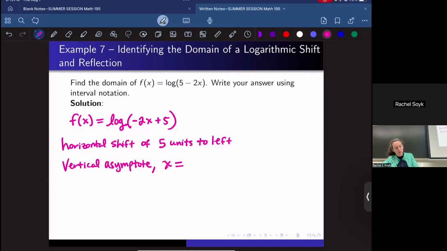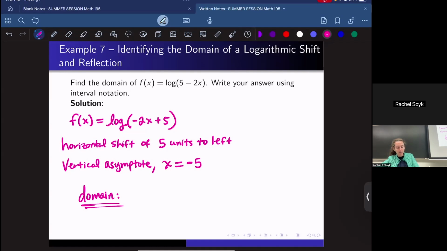X is equal to, yes. Good. And so then what is our domain? It's not negative infinity to -5.